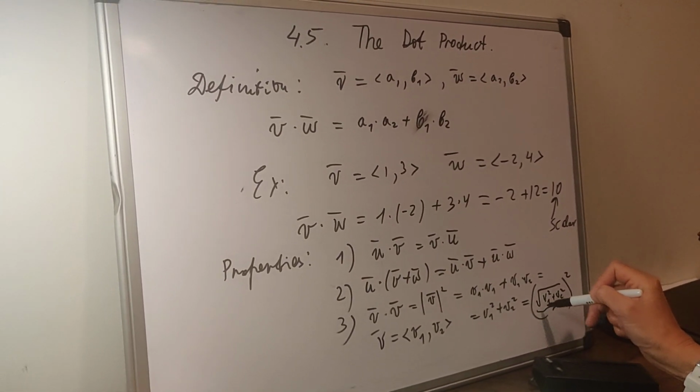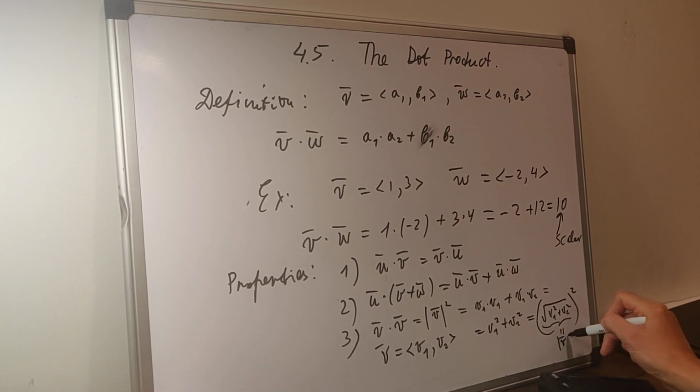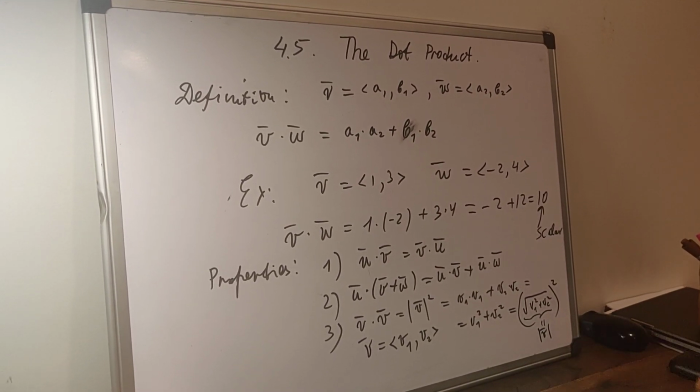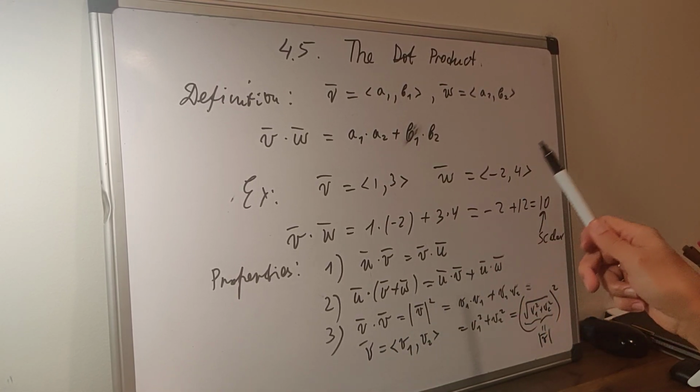And we do remember that the square root of v1 squared plus v2 squared is actually the length or magnitude. So the magnitude squared is going to be the dot product.